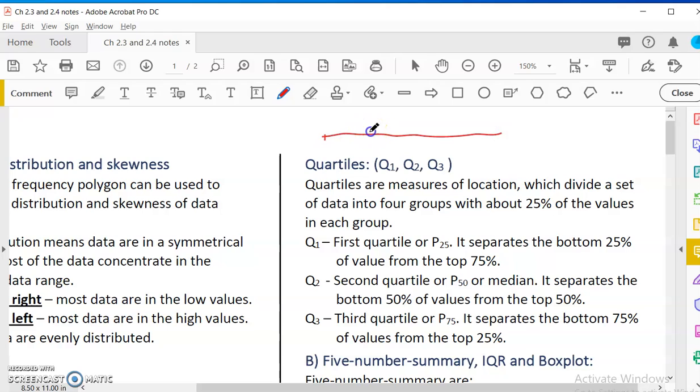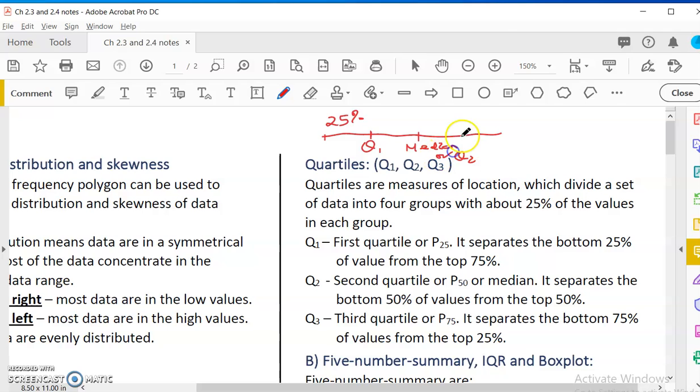The first 25% would be the 25th percentile. Because it's 25, we call it Q1. And then this is another 25%, so totally this would be 50%. Of course, this is called the median, and sometimes we call it Q2.